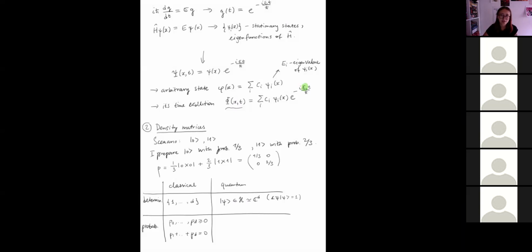But whenever we are looking at a particular system, it has to be in one of these states on the Hilbert space. But then, as in the classical case, if we additionally put some probability distribution on top of this Hilbert space and say that the system is in this state with probability P1, in this state with probability P2, and so on, then what we arrive at are the density operators. And this is exactly what they're useful for.